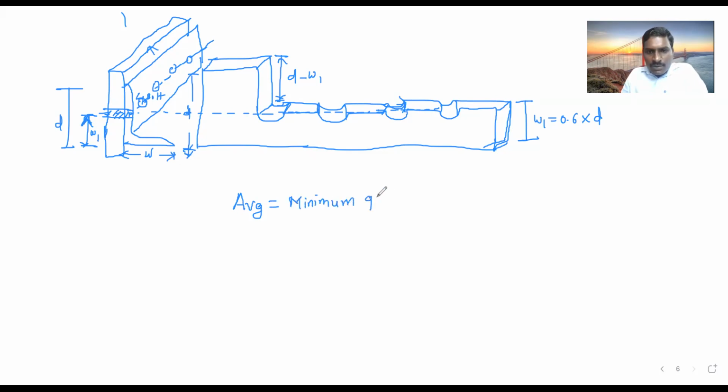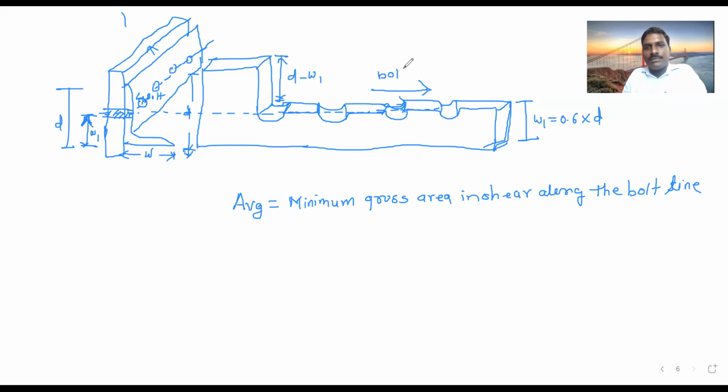AVG is the minimum gross area in shear along the bolt line. So here, which is the bolt line? This is the bolt line. This is your bolt line.